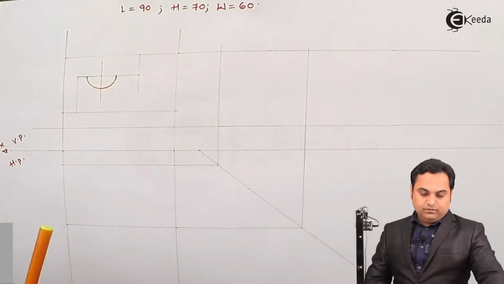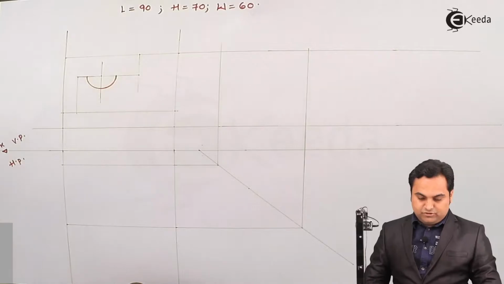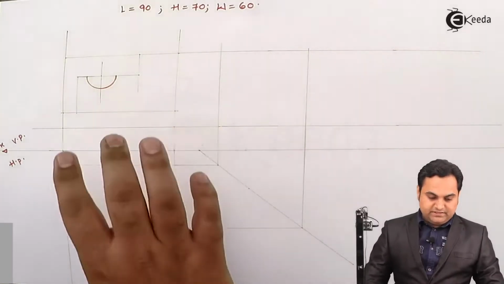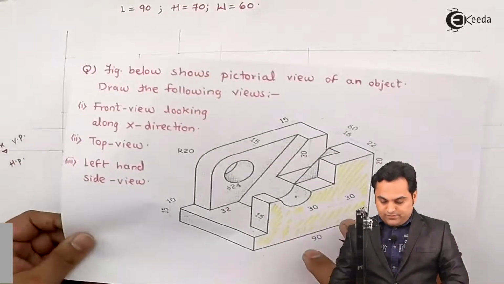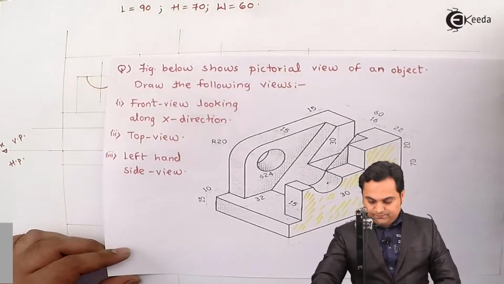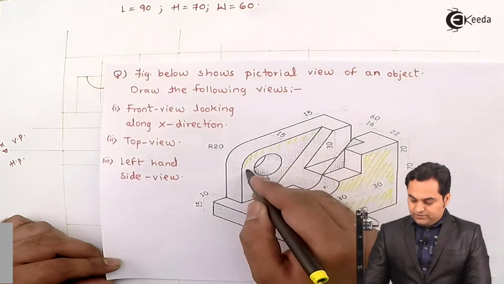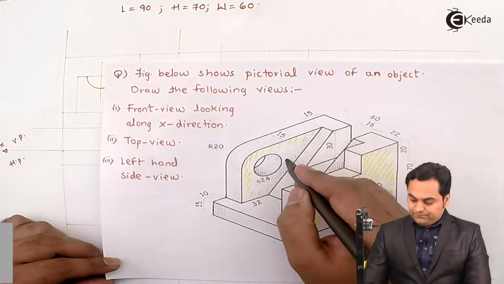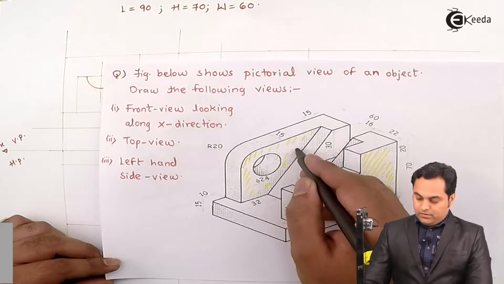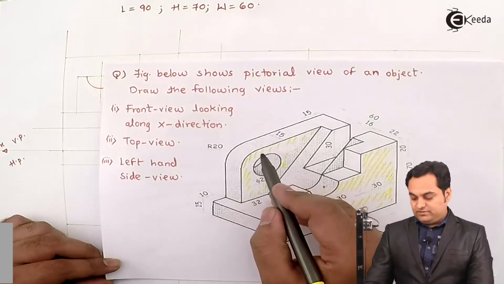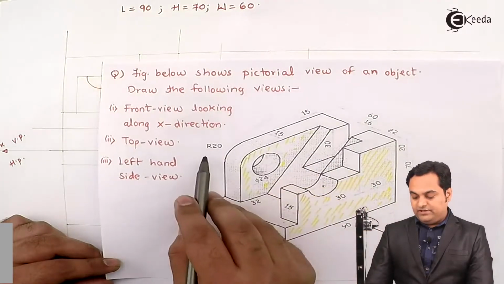Then after this semicircular portion, this entire surface is seen. Then behind this surface, we have another surface which would be visible. Now one end of this surface is curved, that is, it is having radius 20.